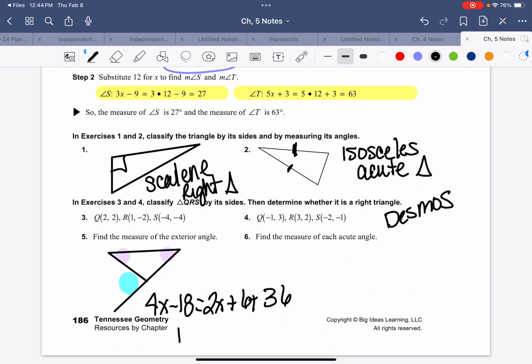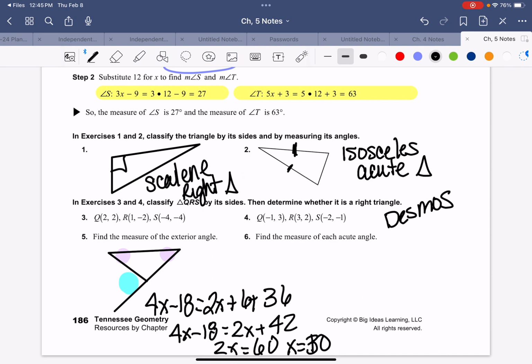And so I'm going to end up getting 4x minus 18 is equal to 2x plus 42. I'm going to get 2x is equal to, what is that going to be, 60? So x is 30. And then I can plug them back in.